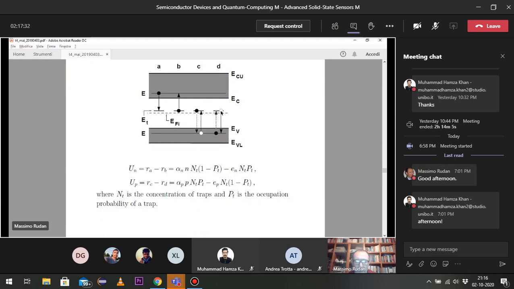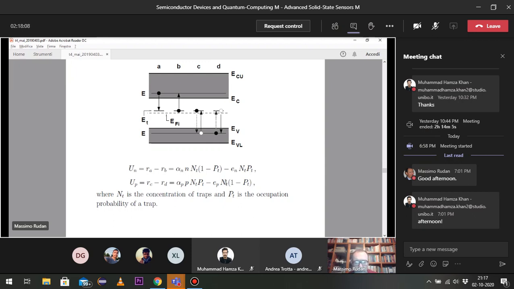And the last phenomenon, type D, is the emission of a hole from the trap into the valence band. So it must be proportional to the concentration of empty traps, NT(1 minus PT), times the probability that the final state is filled with an electron, but this is practically equal to 1 because almost every state of the valence band is filled.